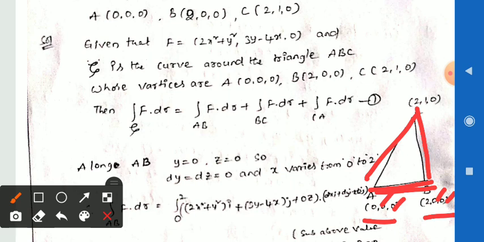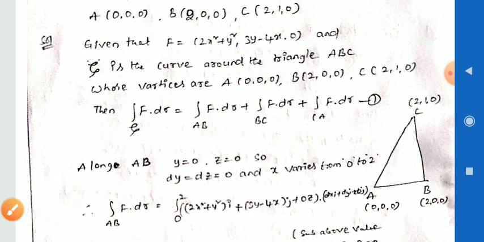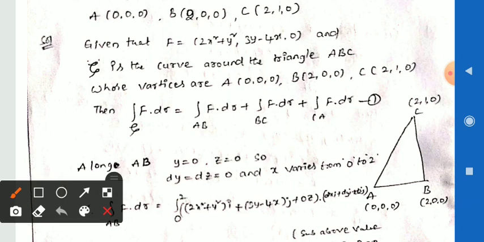In both A and B the y coordinate is 0 and the z coordinate is 0.